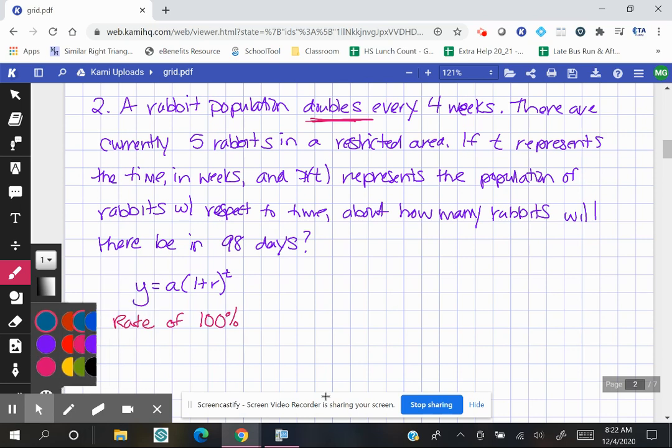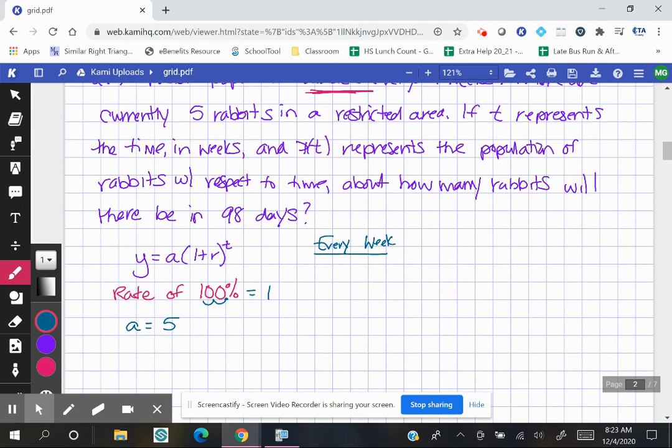So I can't use percents, so I need to change it to a decimal. Moving the decimal two places to the left gives me 1 as a decimal. My initial amount of rabbits is going to be 5. So first, let's look at how we could figure this out if we doubled every week. It says every 4 weeks, so I just want to see what I could do if I doubled every 1 week.